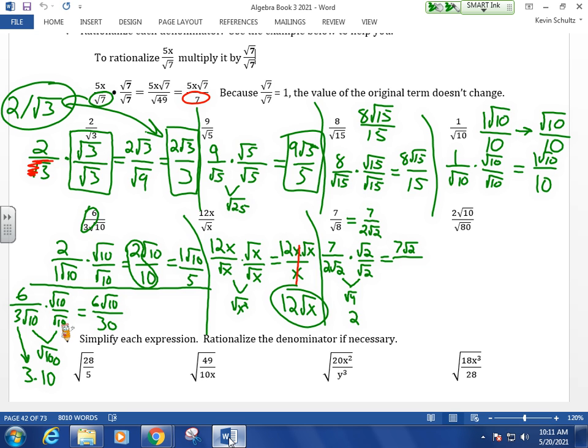But here's where we can't forget about that original coefficient, because this is still here, and we're multiplying 2 by 2. So our denominator is going to be 4. Is that sitting okay with people?